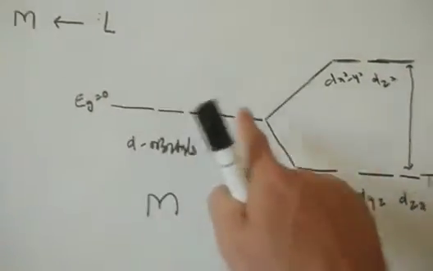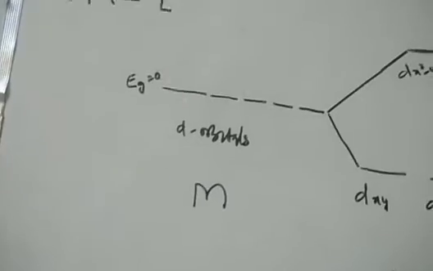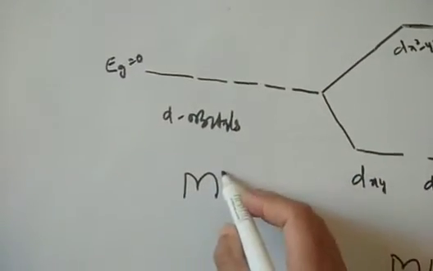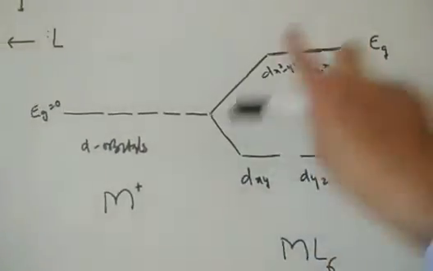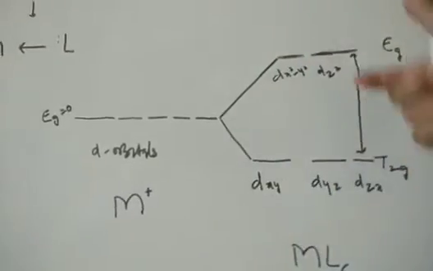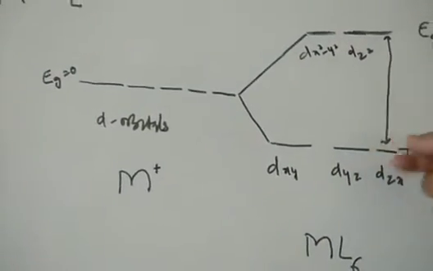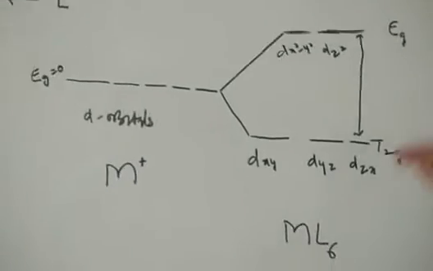Earlier their energy was the same when they were present in the free metal ion, but in complex formation they got split into two sets.